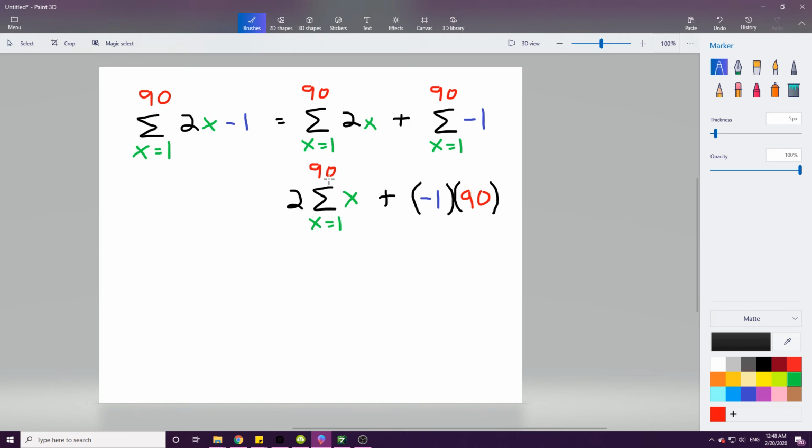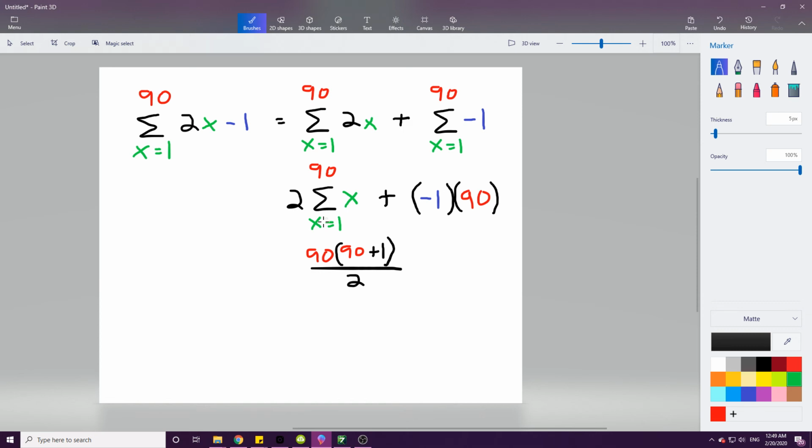Now what about the rule for this? When you're starting at 1, and this term right here is your variable, you see how it's x and x, right? When we're starting at 1, then the rule is the stop number, that's 90, times the stop number plus 1, so 90 plus 1, divided by 2.